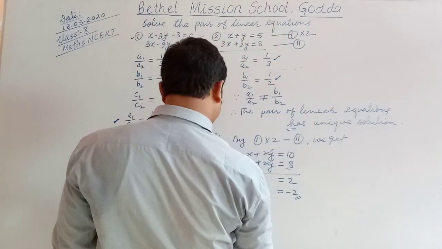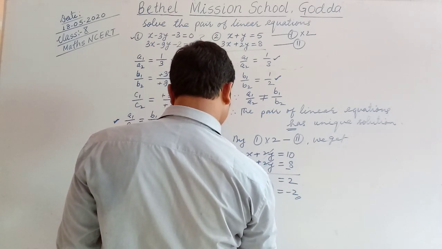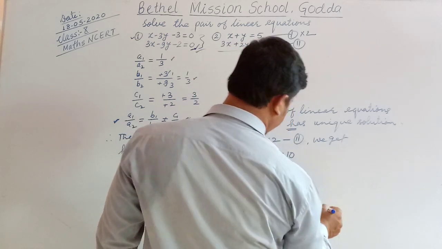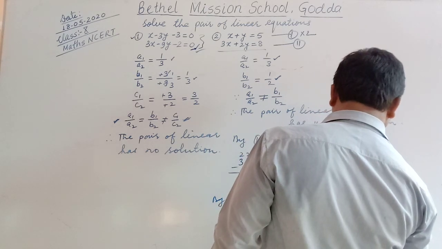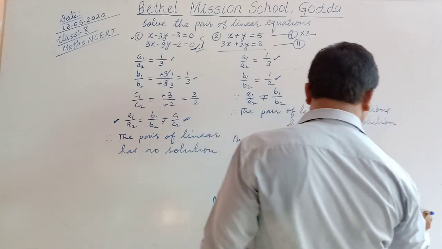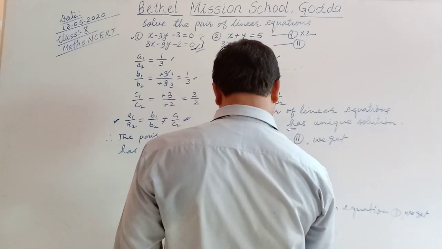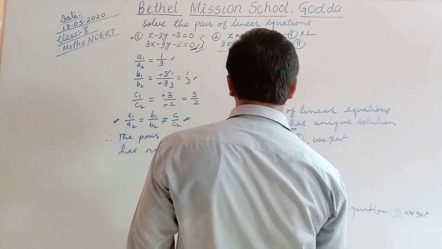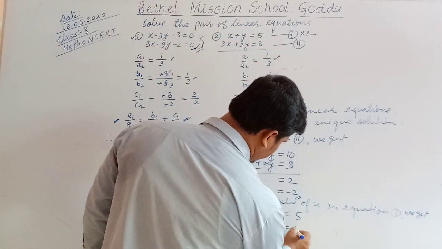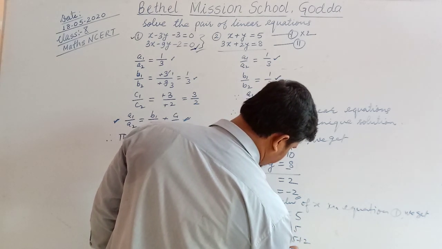Putting it in equation 1, we get x plus y equal to 5, so minus 2 plus y equal to 5, y equal to 5 plus 2, therefore y equal to 7.